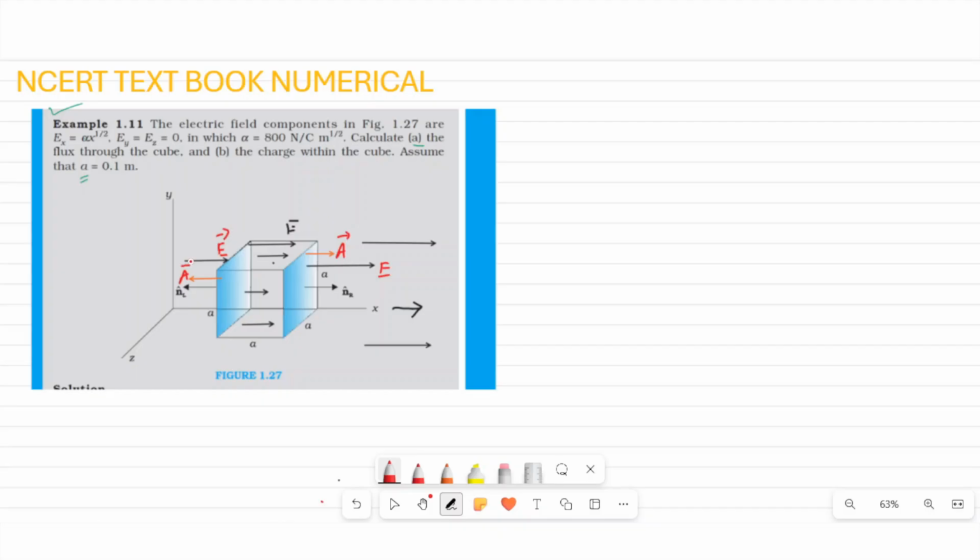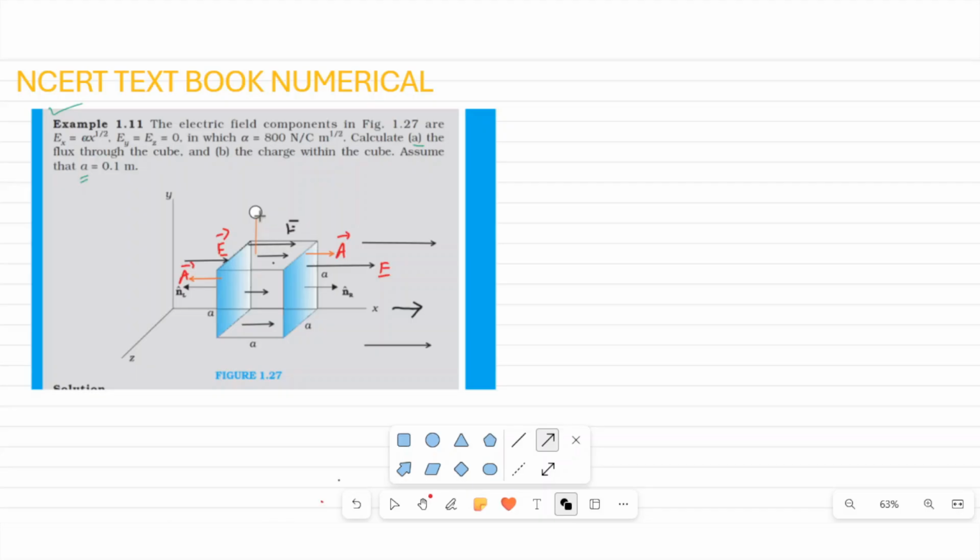On the top surface, the area vector is always perpendicular to the surface. There is a 90-degree angle between the direction of the electric field and the area vector. This is also true for the top surface on this side.